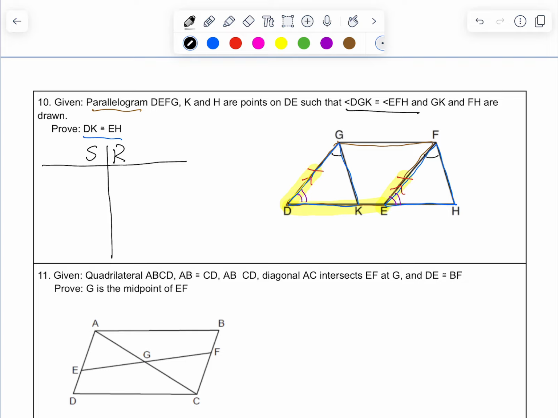So I'm just going to abbreviate S and R for statement and reason. So we had parallelogram DEFG, angle DGK congruent to angle EFH, and that was it. Okay, so the black angles were given.